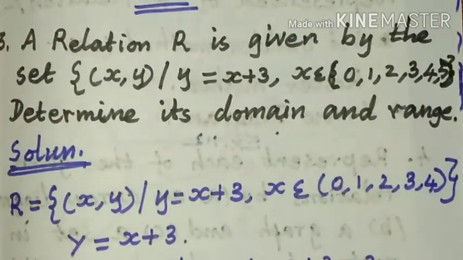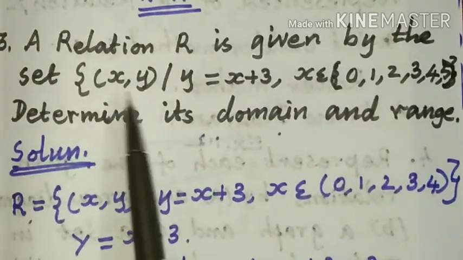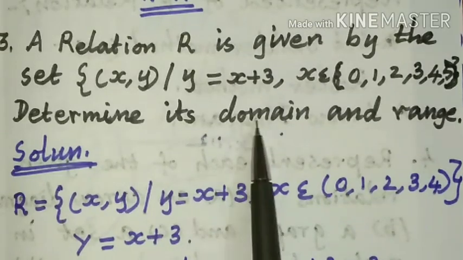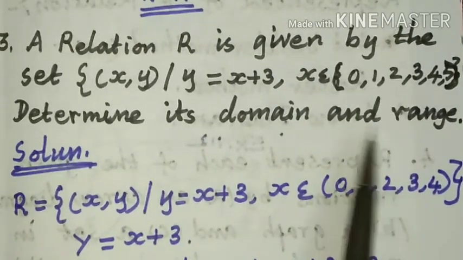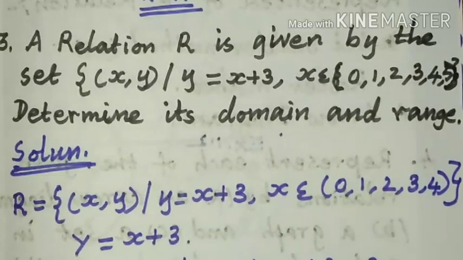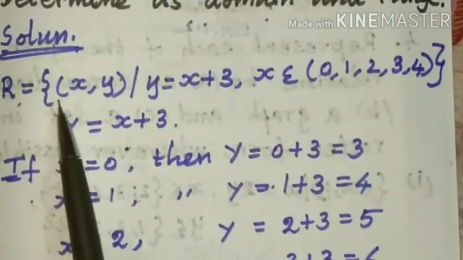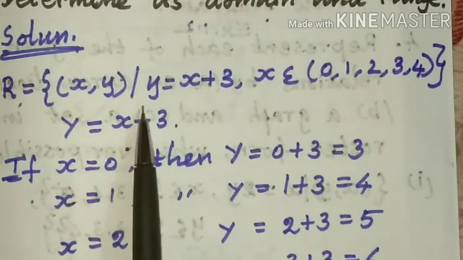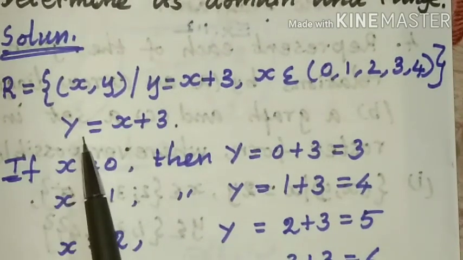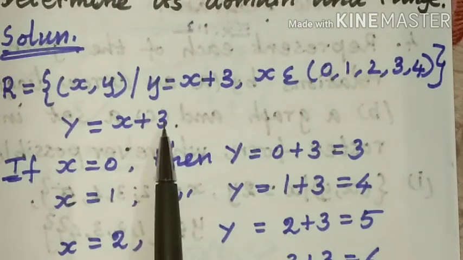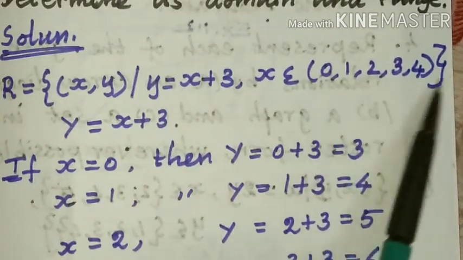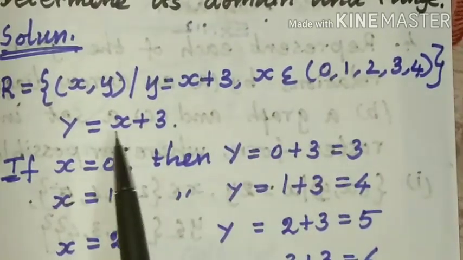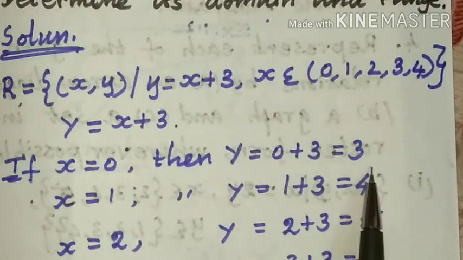See, in this question, the relation is given in set builder form. Then we have to find out the domain and range of this relation. First you take down and write the given relation in set builder form. Here the y condition in the relation, the y coordinate condition, is y equal to x plus 3. The x coordinate elements are given. So you apply this x element in this y term and get the ordered pair.